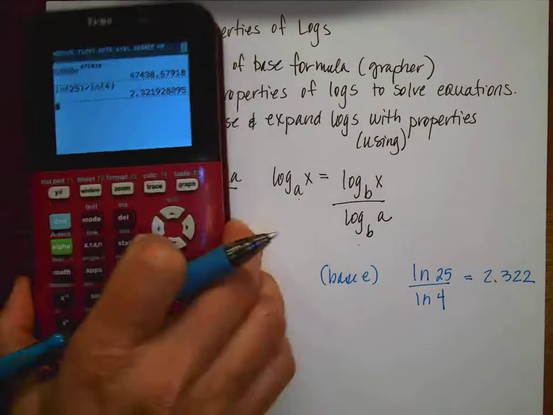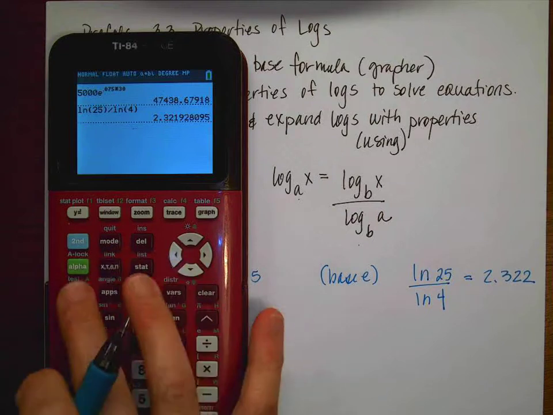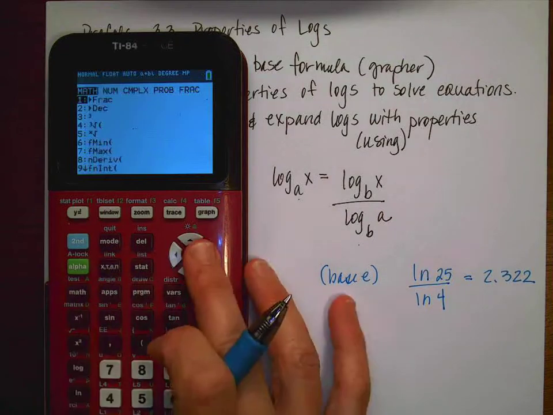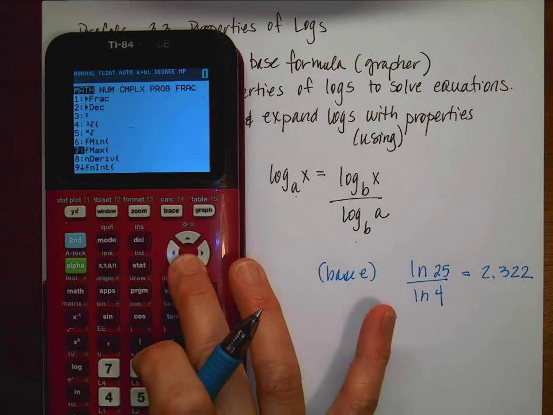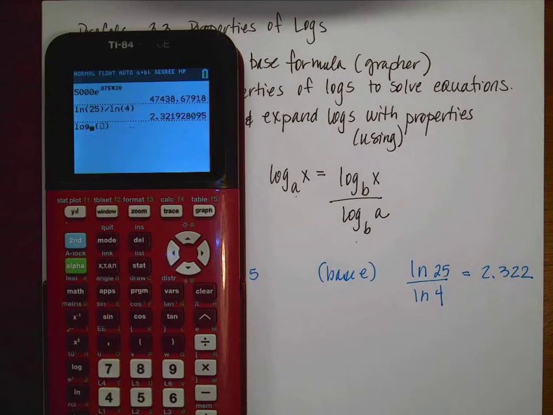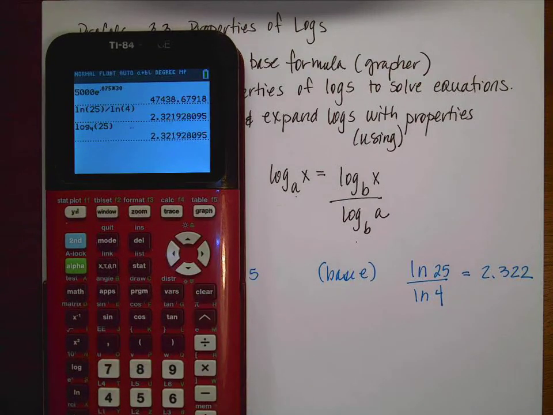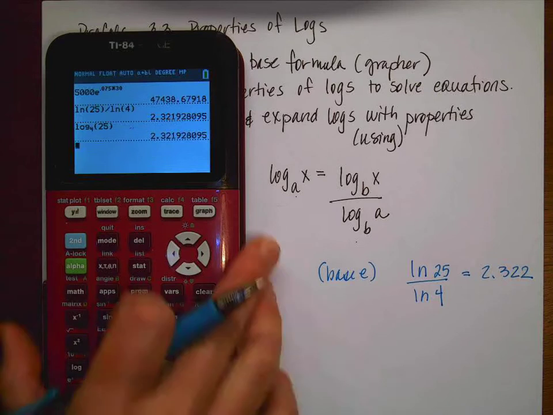But now let me show you how to do it in your calculator. I'm going to go to my math button, and then I'm going to go down, and there is a log base. Notice you get this cool situation. I could just tell it that the base is 4 of 25, and ta-da, I get the same answer.